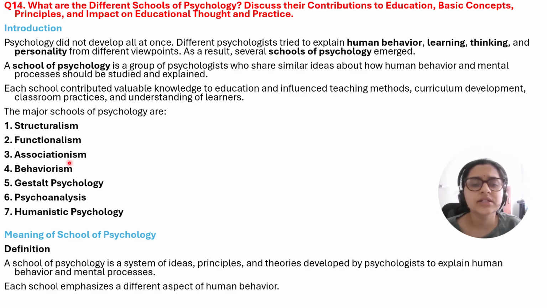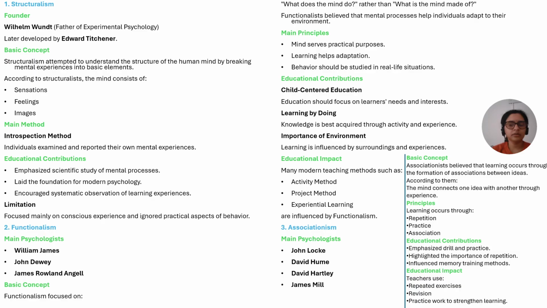What are the major schools of psychology? Structuralism, functionalism, associationism, behaviorism, gestalt psychology, psychoanalysis school, and humanistic psychology. So these are the various schools of psychology that have emerged over a period of time. The first school is structuralism.